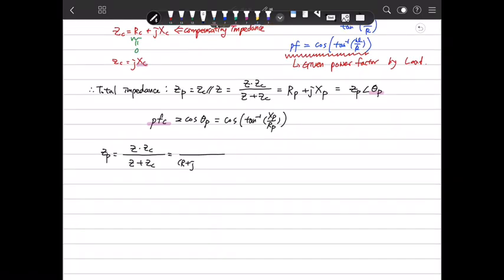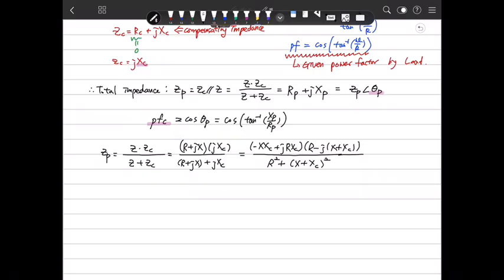So there is jXC and R plus jX, and the result is R squared plus X plus XC squared, and minus X XC plus jR XC and R minus j X plus XC in this manner.